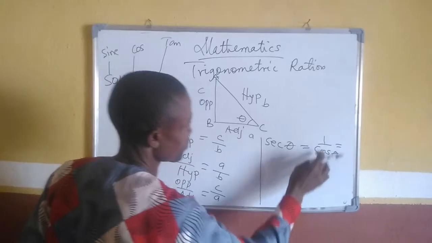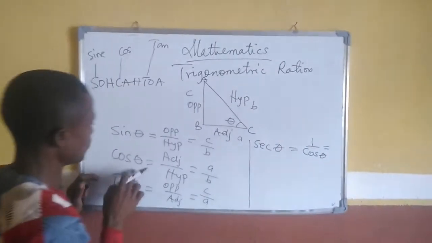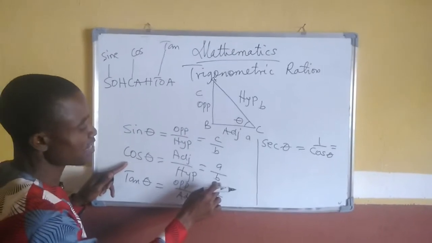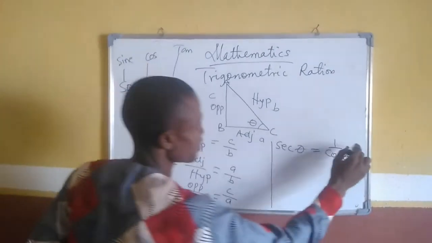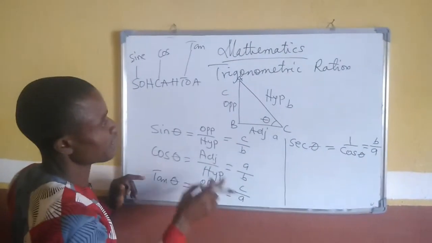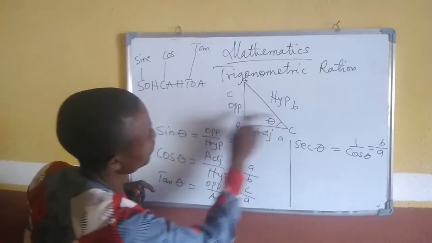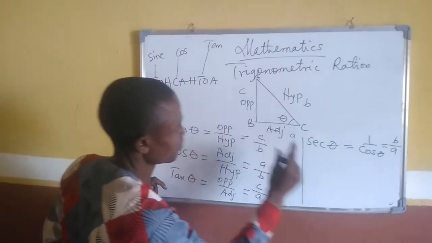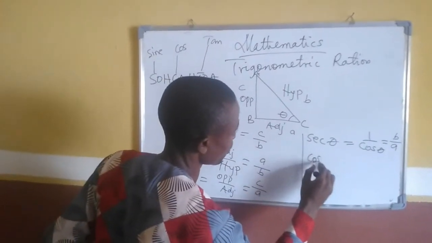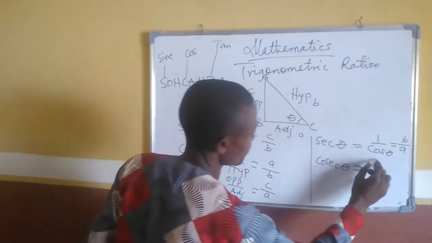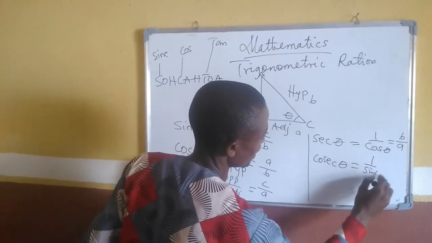Look at cos theta here, it is A over B. That means inverse of A over B is going to give us B over A, hypotenuse all over adjacent. Now we have cosec theta. What is cosec? Cosec is inverse of sine theta.